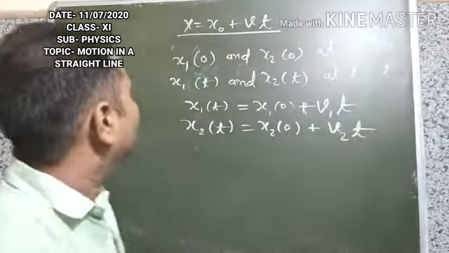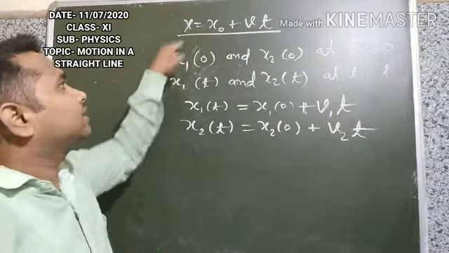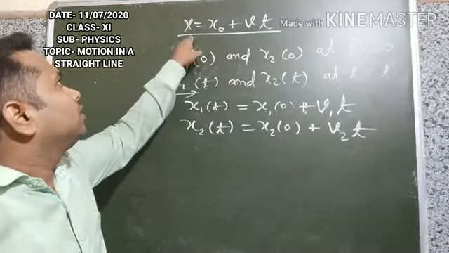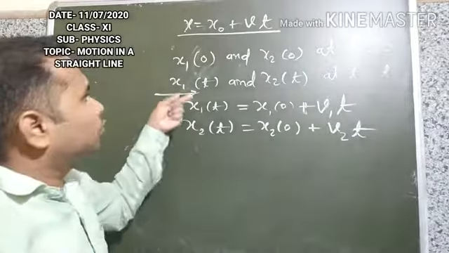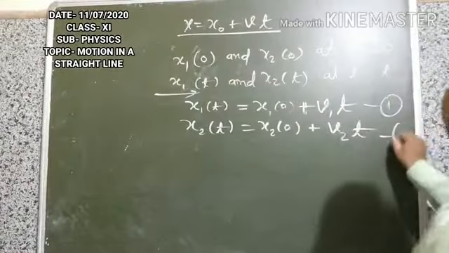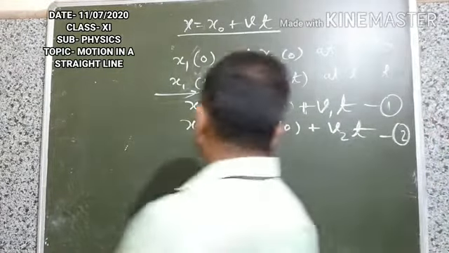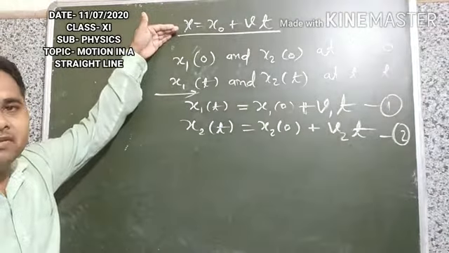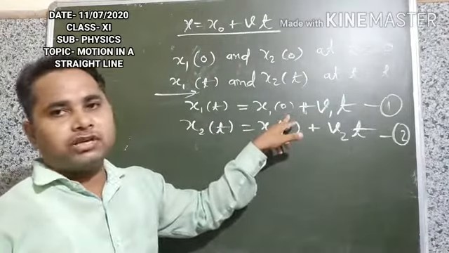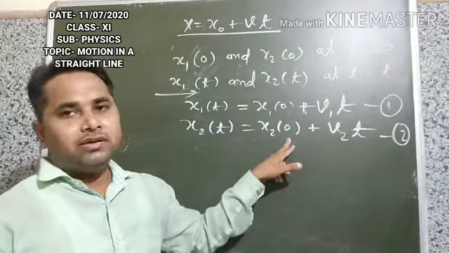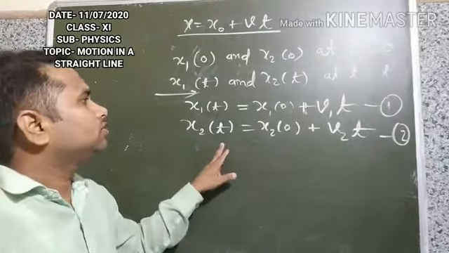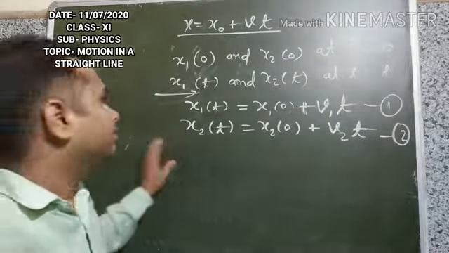You should write here, applying kinematic equation to both of the objects. We have the two relations, equation number 1 and equation number 2. This is similar to the kinematic equation, but these situations are created. For zero time it is x10 for the first object, x20 is the initial position of the second object, and x1t and x2t are the positions of object 1 and object 2 at time t.